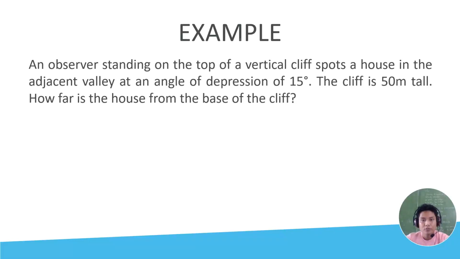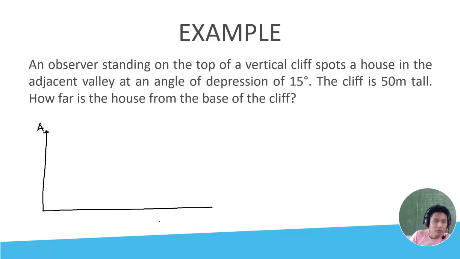First, draw the figure. We have an observer at the top of a vertical cliff. So this is the vertical cliff. Then this is the location of the observer, let's say point A. Then the house is below the horizontal line of sight, and we have an angle of depression of 15 degrees. The 15 degrees is measured from the horizontal line of sight of the observer.